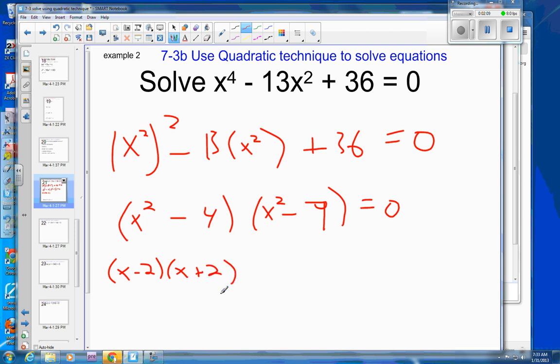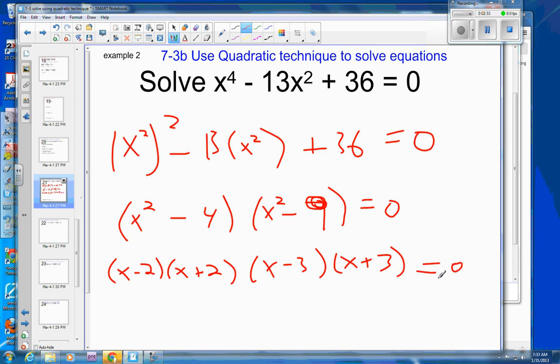Remember this one? The middle terms cancel out. This is the minus 2x, and this one over here becomes the plus 2x, so they cancel out. This is also a difference of two squares, because this is a 9, even though it doesn't want to look like one. And then that would be x minus 3 and x plus 3. And all of that is equal to 0.